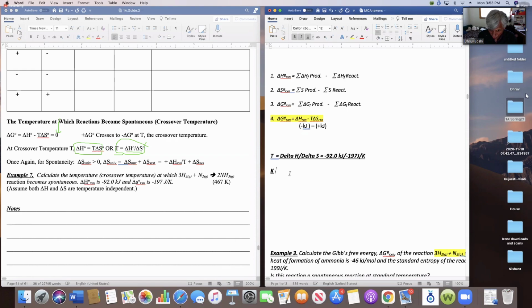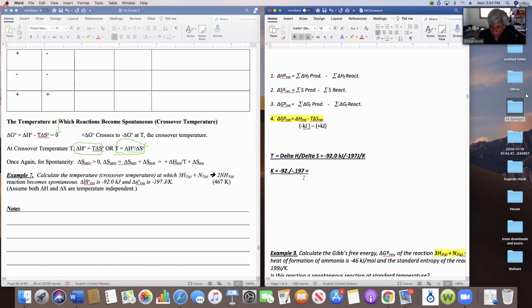So T equals minus 92 divided by minus 0.197. Kilojoules and kilojoules cancel out, now that we converted into kilojoules, and the K is going to be on the other side. Minus minus cancels out, so positive.